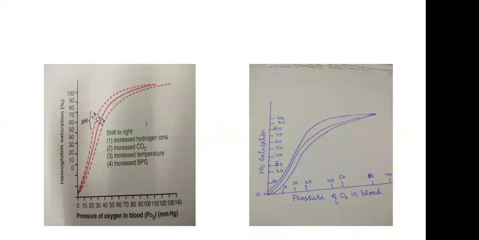So deficiency of all these will shift the curve to the left and up, means the dissociation becomes difficult. Rather, the affinity of oxygen for hemoglobin increases, and hemoglobin never releases oxygen so easily then.